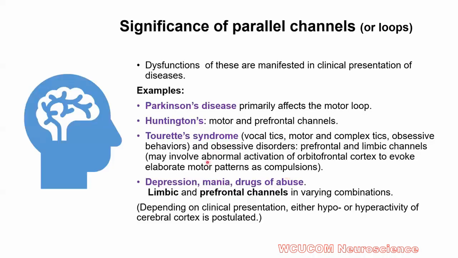And now for depression, on the one hand, mania at the other extreme in that functional spectrum, and in cases of drugs of abuse, they have a tendency of targeting the limbic and prefrontal channels in various combinations. And we say various combinations because that will depend on clinical presentation, not surprisingly, whether a hypo or hyperactivity of the cerebral cortex is postulated.